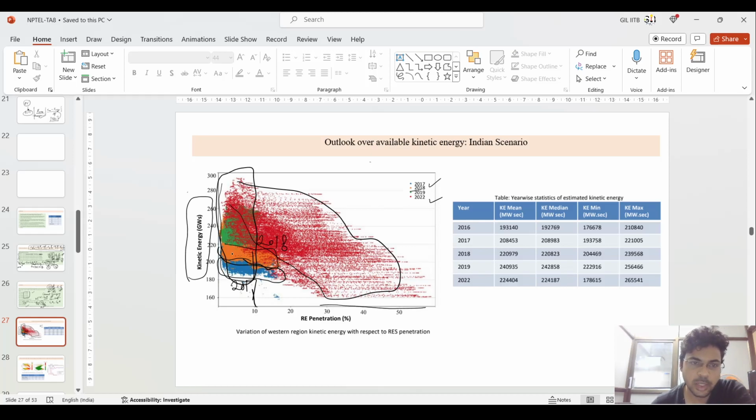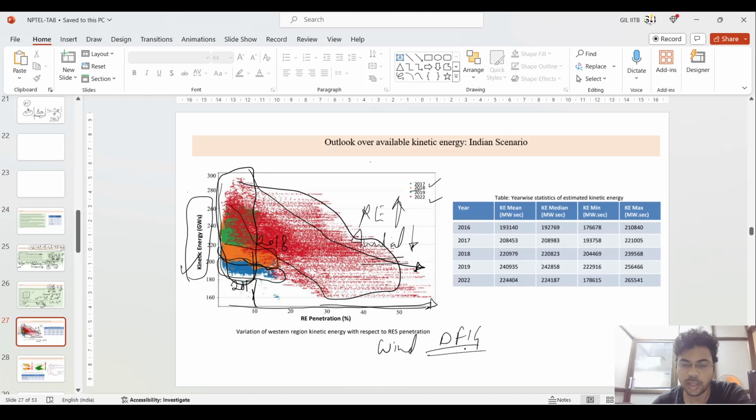The RE penetration got incremented very high during 2022. But as you increase the RE penetration during the whole year, the stored kinetic energy got dropped down. As the RE penetration increases, the inertial support which can be provided drops down. That is actually an issue with RE penetration.